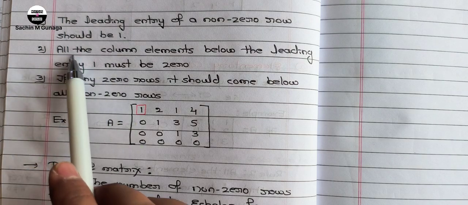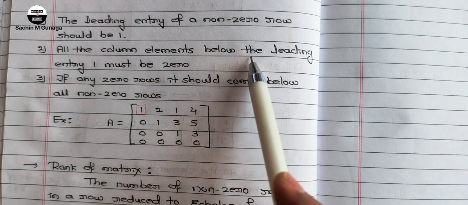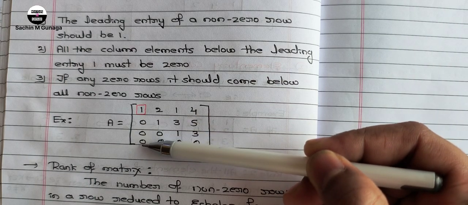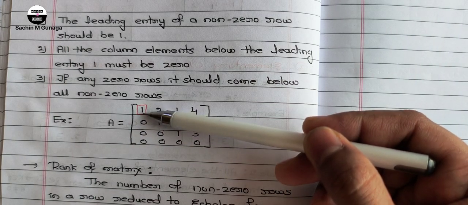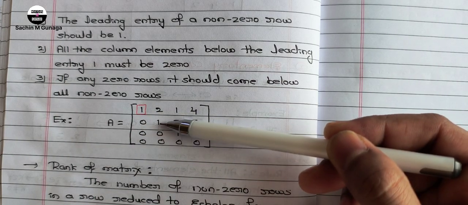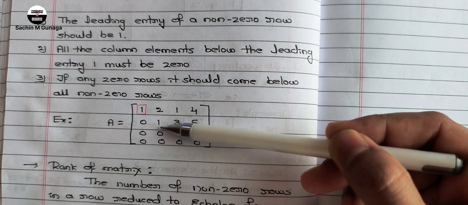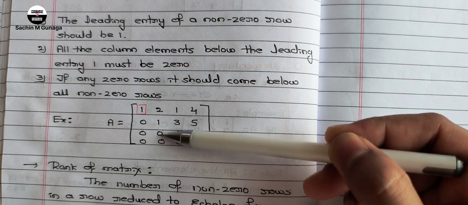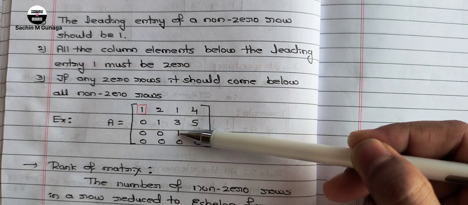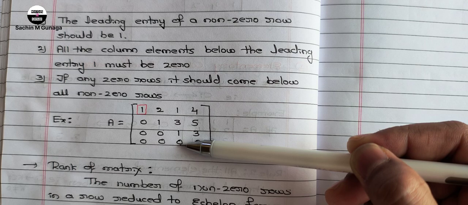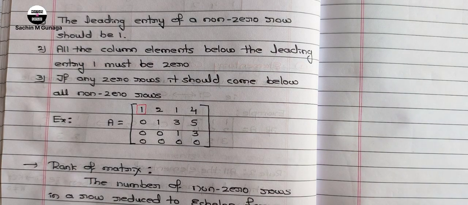Second point, all the column elements below the leading entry 1 must be 0. These are the column elements below this leading entry 1, all are 0. Again, here this is the leading entry, and below it all the column elements are 0. This is the leading entry, and again below it the column elements are 0.